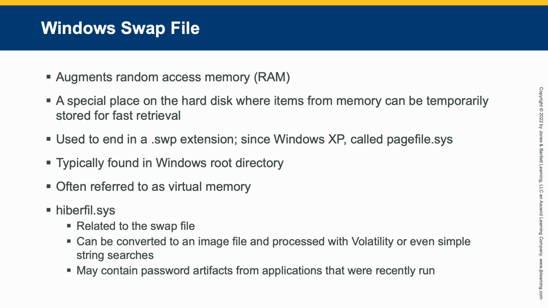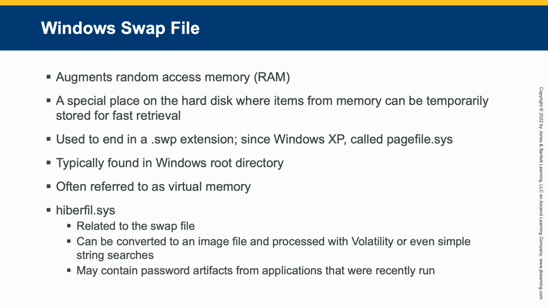Windows swap file. So let's look into this with an example. In a digital forensics investigation, analysts can be tasked with determining whether sensitive corporate data had been exfiltrated from a compromised Windows workstation in a given organization.